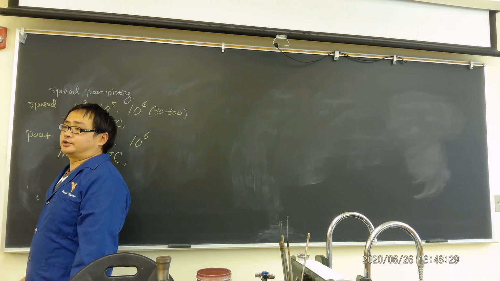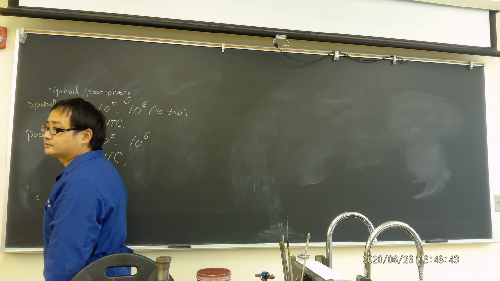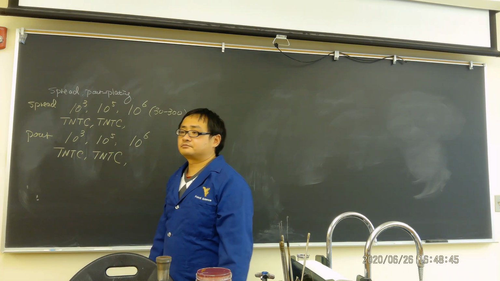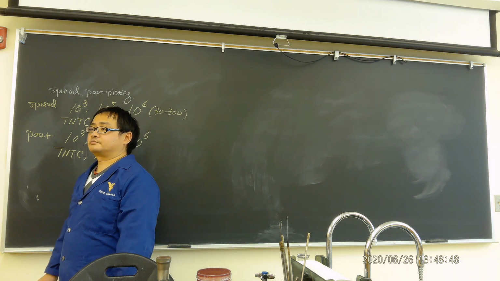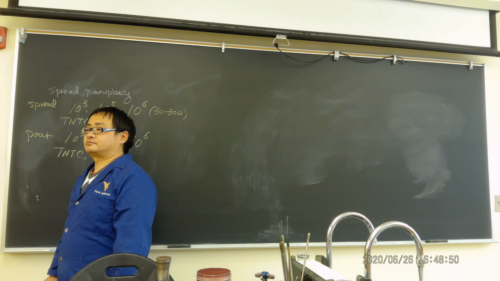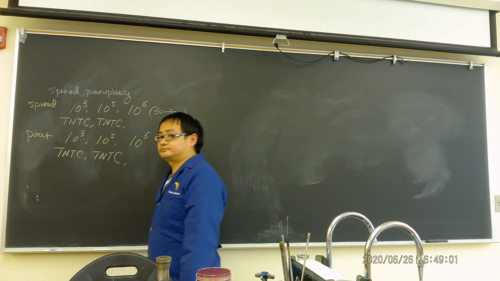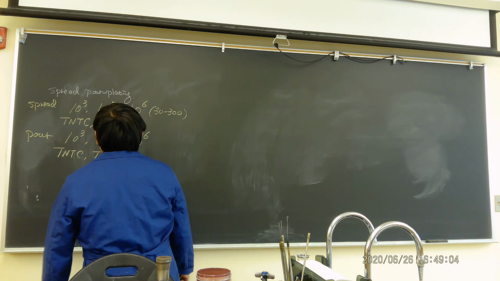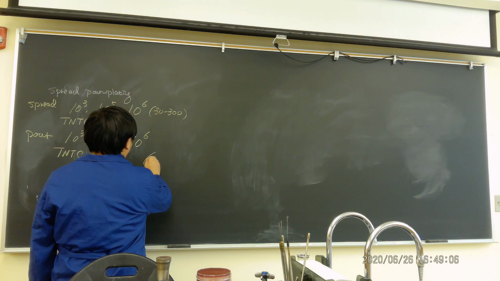For pour plating, you only need to count the large ones. Yeah, only count the large ones. There's about 60. Okay, then the pour plating count is 60.